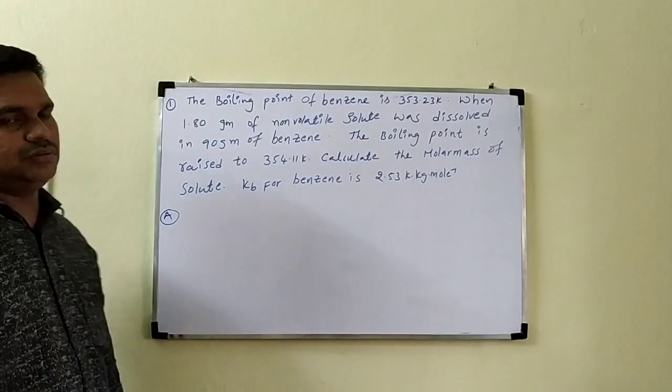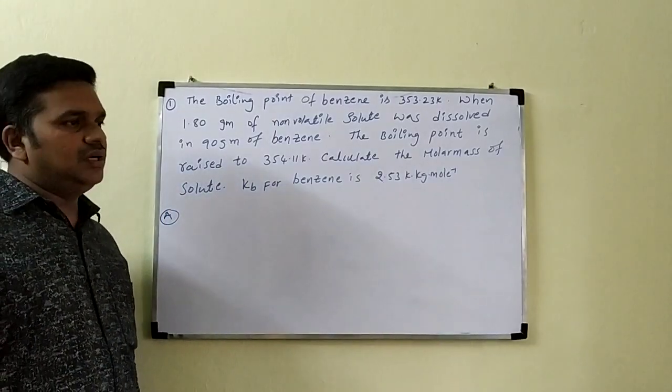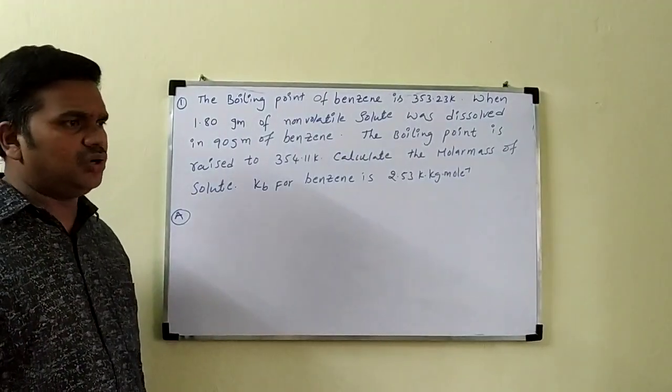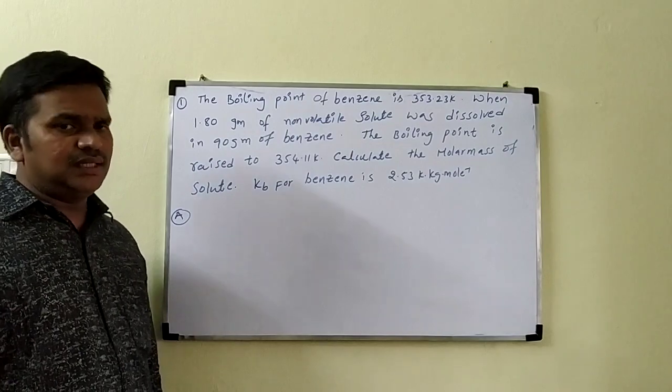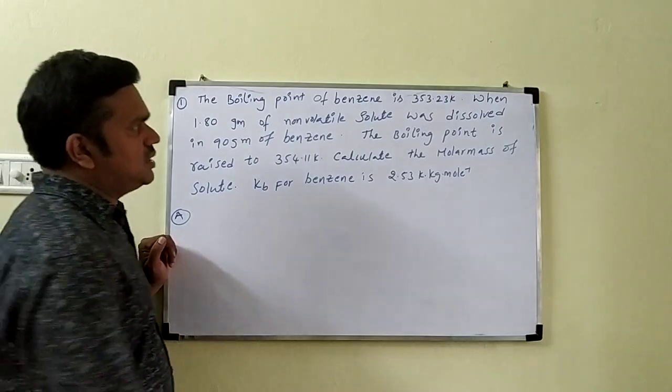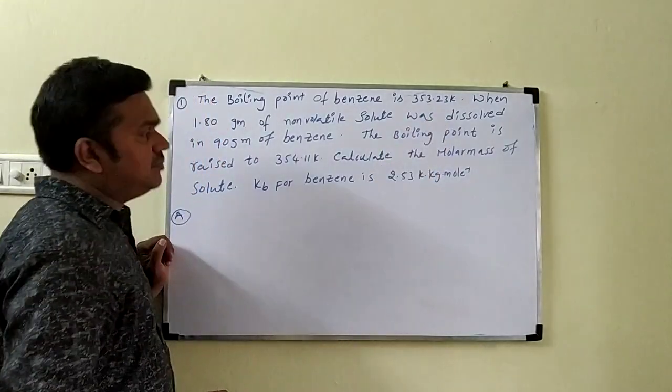Let us see the question. This question is mainly related to the elevation in the boiling point. So we may get a question like this in the board exam. The boiling point of benzene is 353.23 Kelvin.